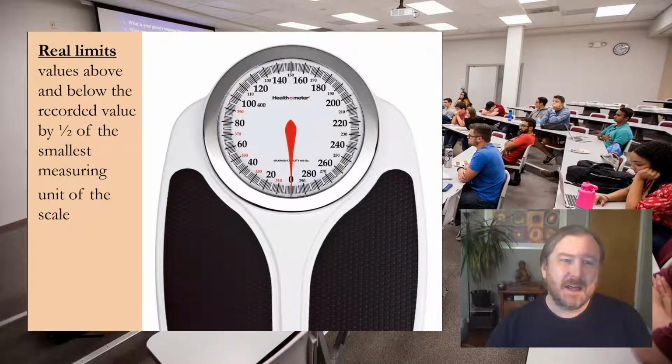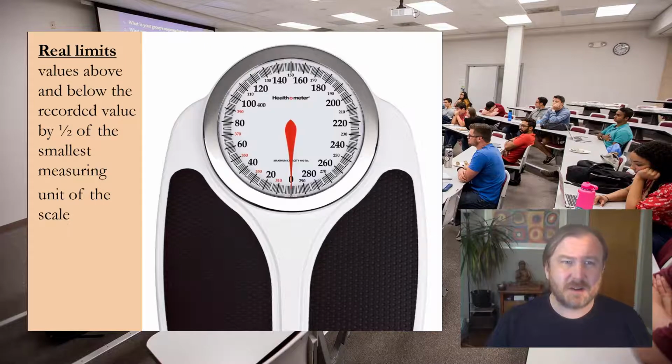But basically, if our scale measures in units of 1 and we had 1 pound, the lower limit is going to be minus 0.5 and the upper limit is going to be plus 0.5 of our recorded value. So the upper and lower real limits of a value of 1 for a scale that has a measurement of 1 is going to be 0.5 to 1.5.